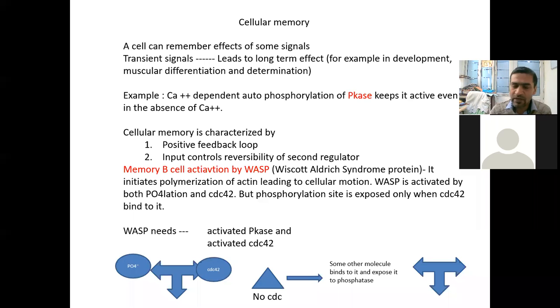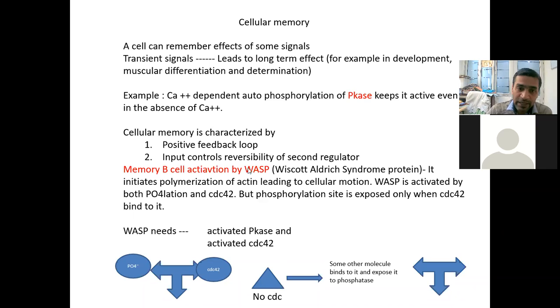So wherever a positive feedback kind of mechanism is there, you will find that cellular memory is there. That means it is able to remember even in the absence of the stimulator, even in the absence of the inducer; this reaction of its production will keep happening. And that is called a positive feedback loop.